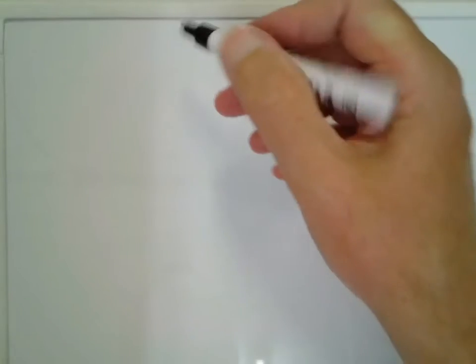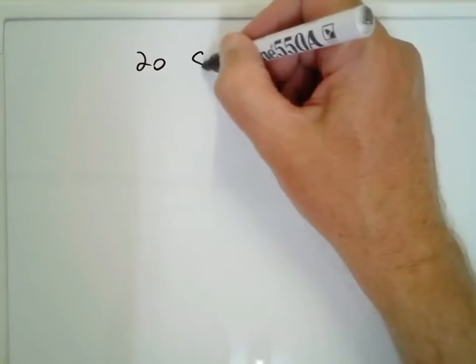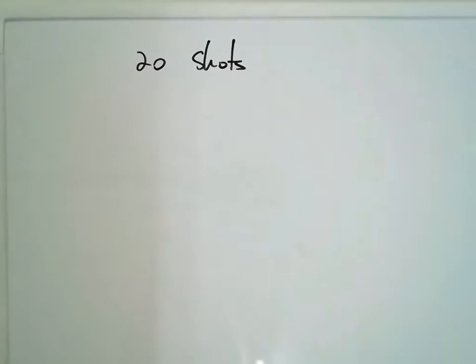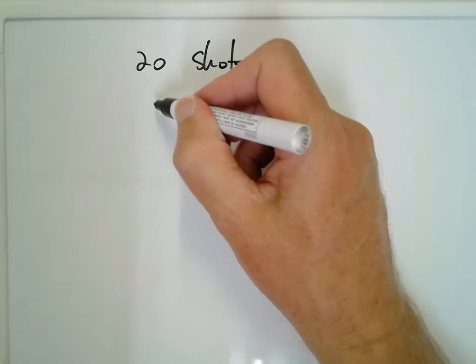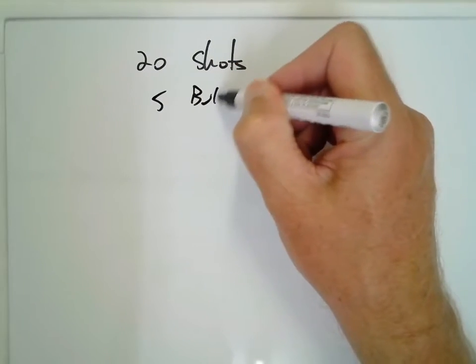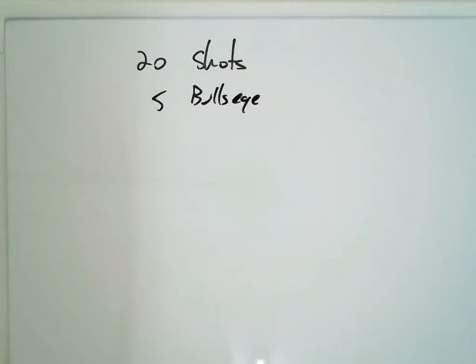We also need to talk about experimental probability. Let's just say I've been down the oval shooting arrows at targets. Let's just say I've had 20 shots of my arrow, and out of that I've got 5 bullseyes, the red dot in the middle.